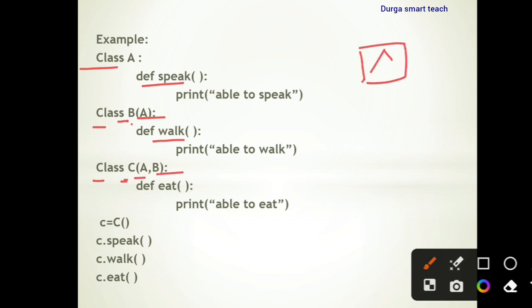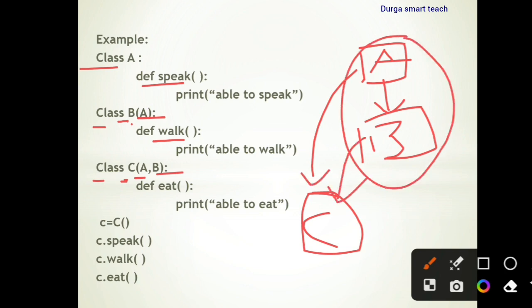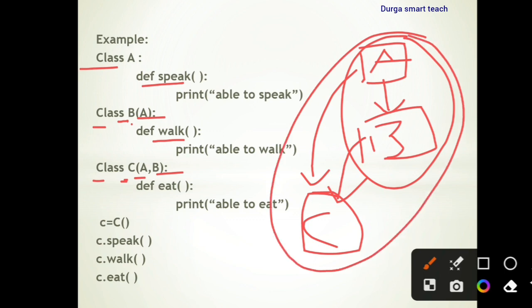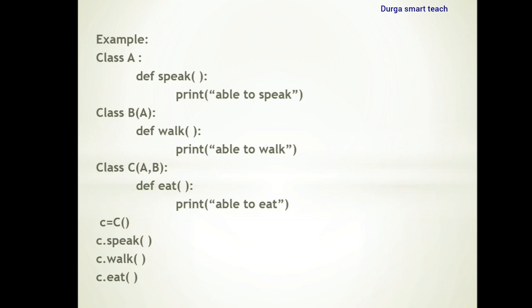So A, next B, yes, next C. Yes, so it is derived from A. So C class is derived from A and B. So this is known as single. This is known as multiple. Okay, so a combination of two is there. So this is single level and this is multiple. Okay, so this is known as hybrid.